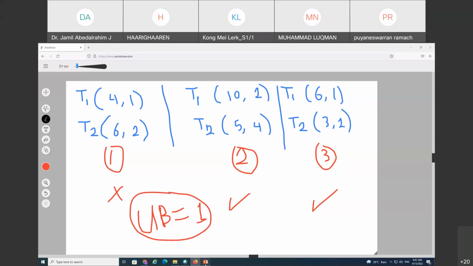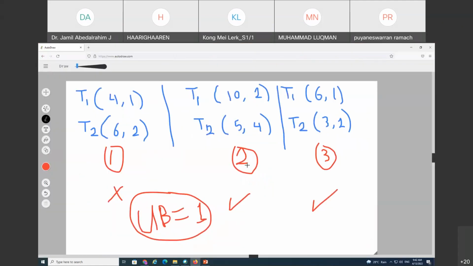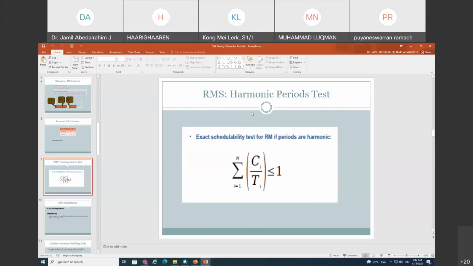But there is a specific case for rate monotonic: when we face harmonic periods, where each period divides the number after it, like I showed you here and here, the utilization bound will be equal to 1, same as the EDF case.